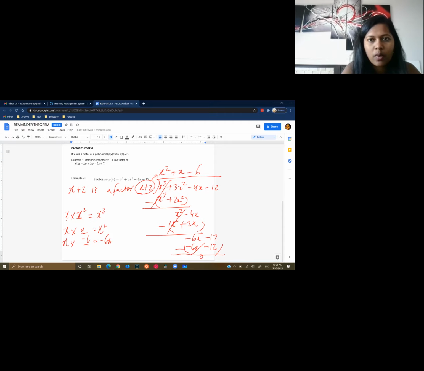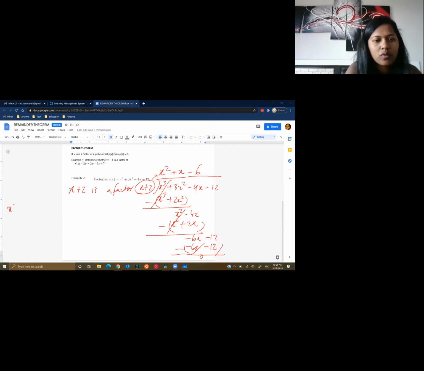I'll clean this bit here. x cubed plus 3x squared minus 4x minus 12 is basically x plus 2 multiplied by x squared plus x minus 6.